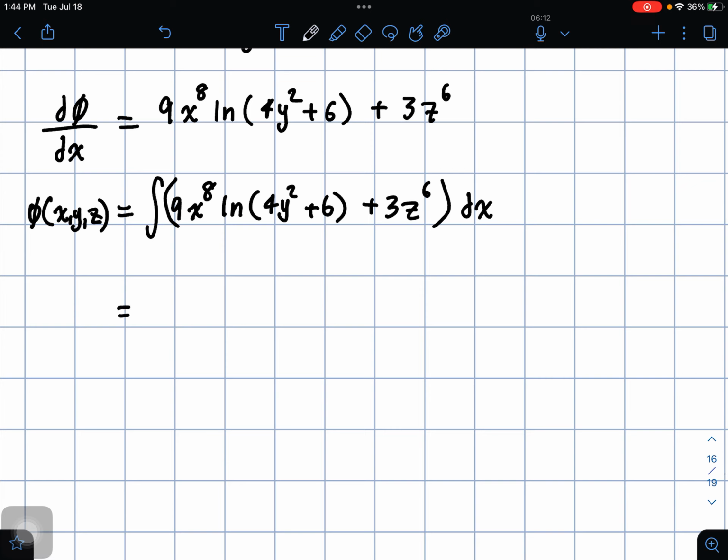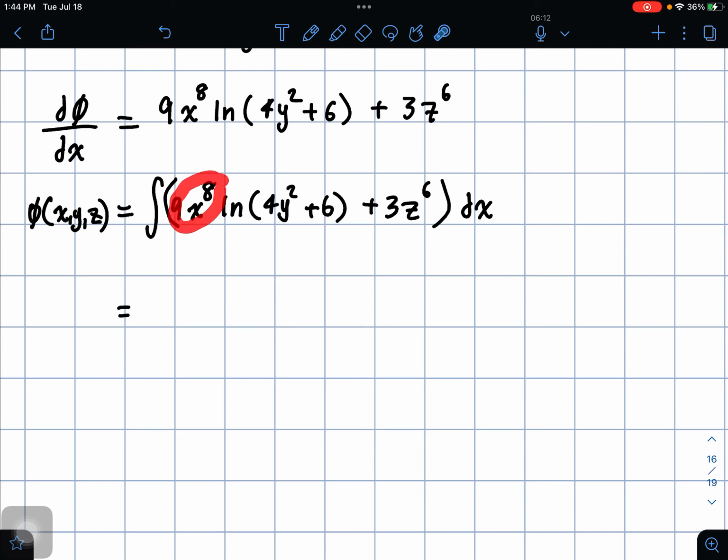Okay, so what is this? Again, we're doing it with respect to x. So this thing right here is a constant and this is a constant. This thing is the only thing we're worried about.